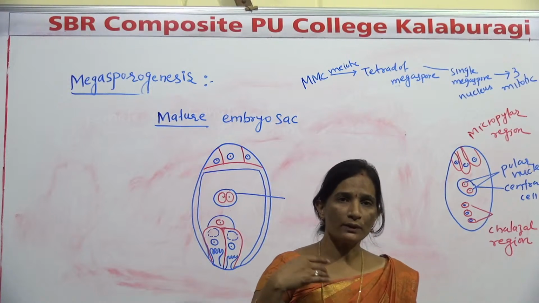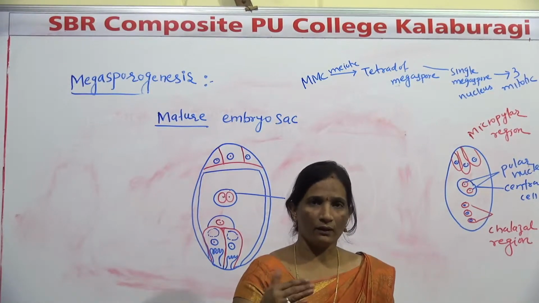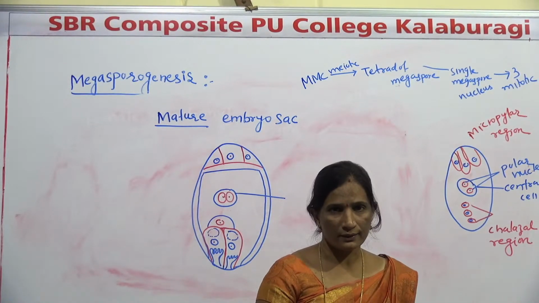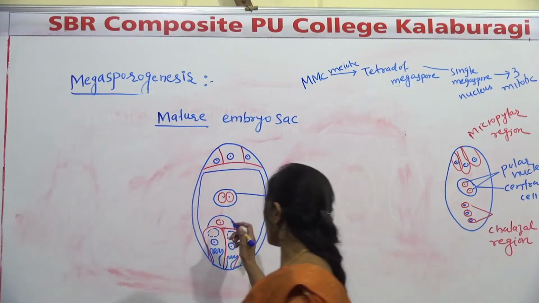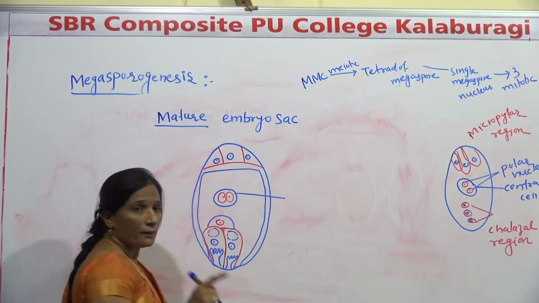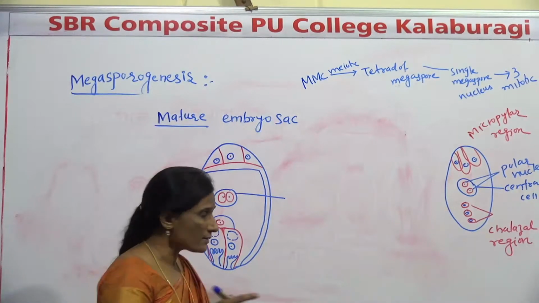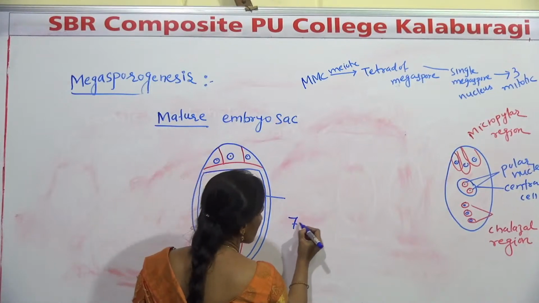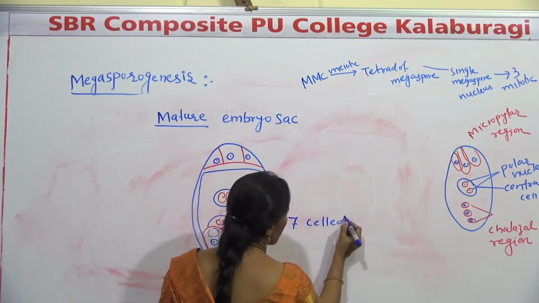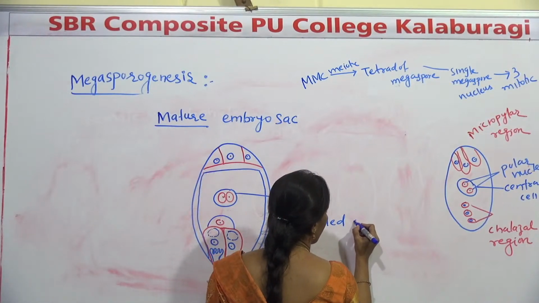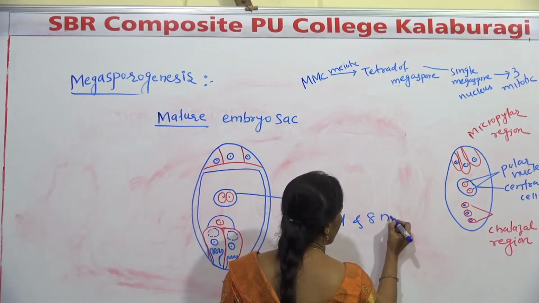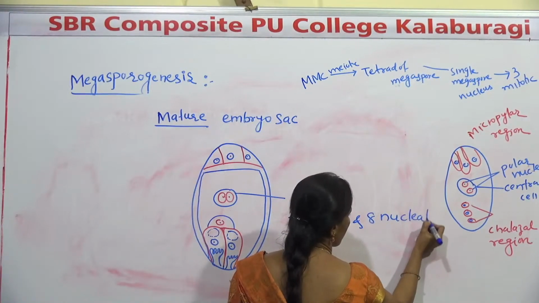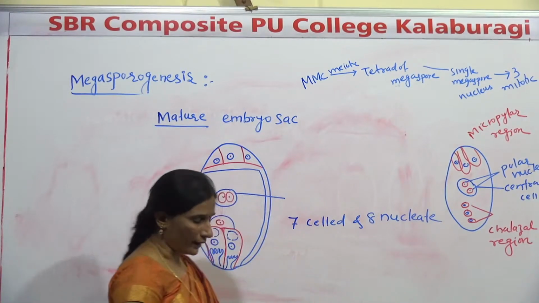Cell wall formation takes place after the eight nucleate stage. Is it clear? So this is the structure of the mature embryo sac. The mature embryo sac is seven celled and eight nucleate.